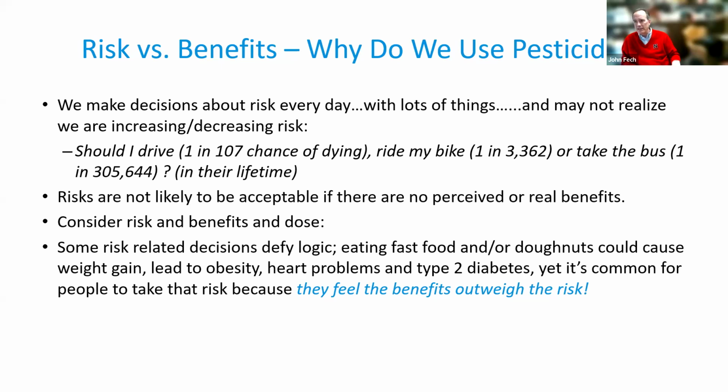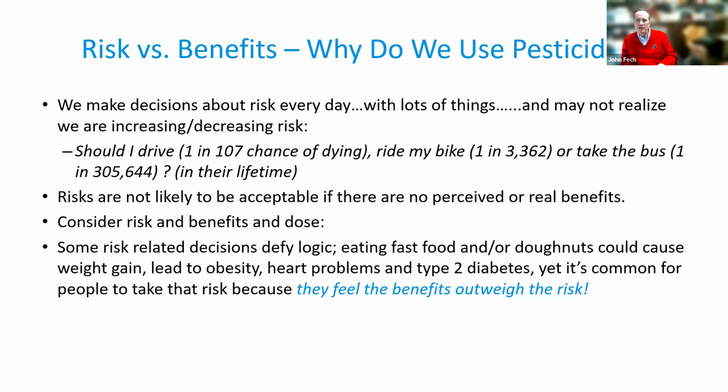But if you ride your bike, now that goes way down. You have a 1 in 3,000 chance of dying from riding your bike. You might think, well, that's interesting. You're a little bit more exposed, but the data indicate 1 in 3,000. Or if you take the bus, now that really makes the most sense, because the bus is really big, and if you run a car into it, the chance of dying is 1 in 305,000.